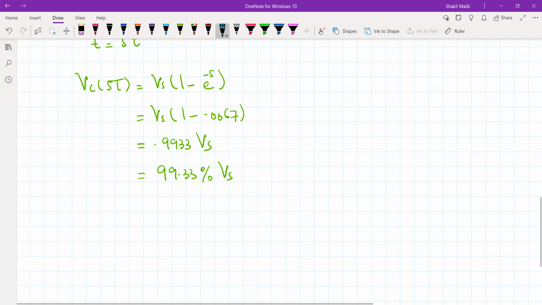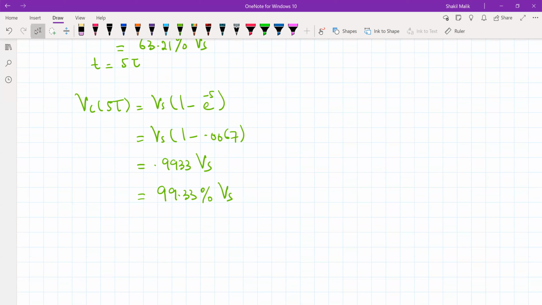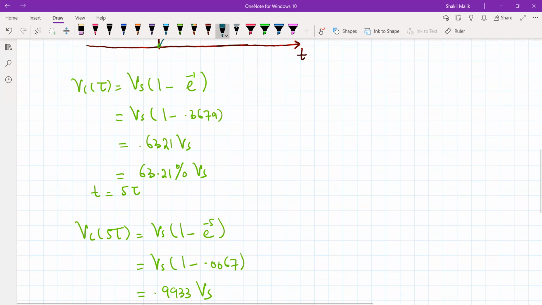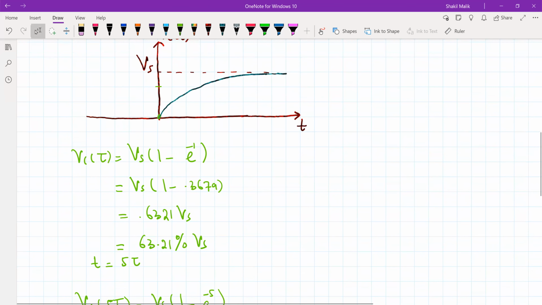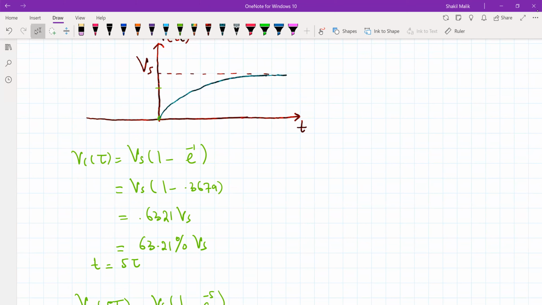In 5 time constants, it almost reaches the final value, because 99% we can take as the final value. So in 1 time constant, it reaches 63% of the final value. If we say this is tau, from this to this is tau.